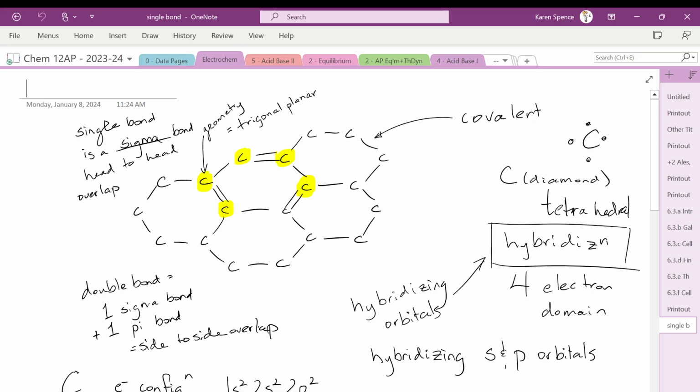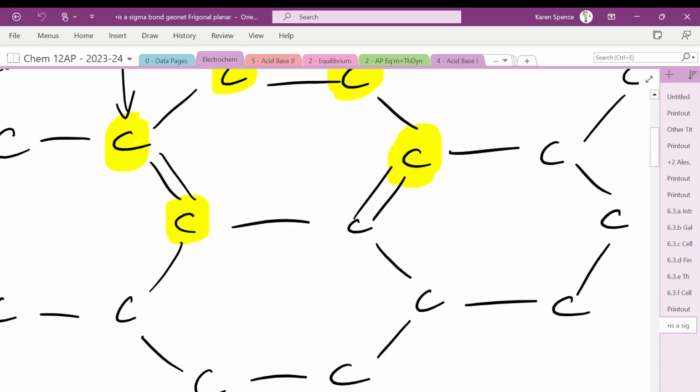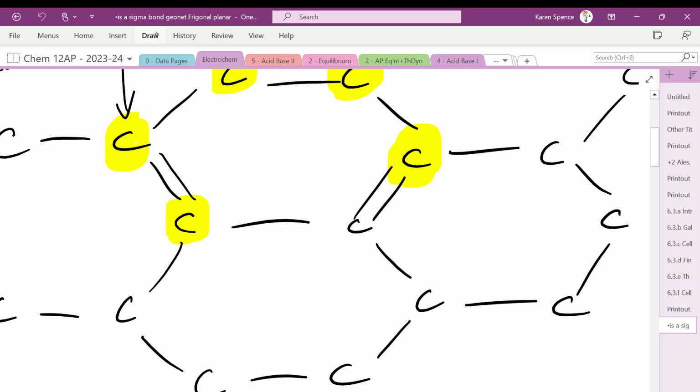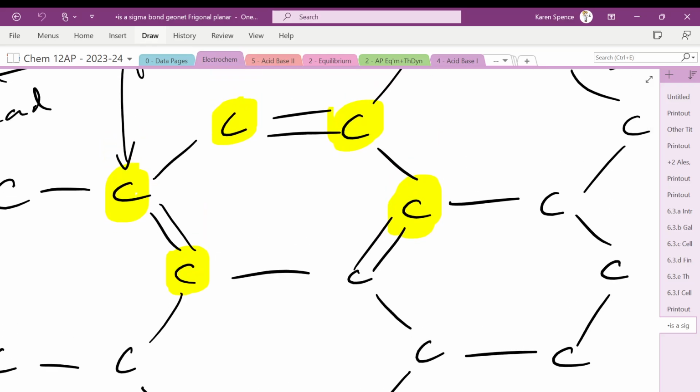So when last we left, we had carbon attached to carbon in a hexagon pattern, which means that every carbon has how many electron domains? 3. 1, 2, 3. Which means what is the geometry? Trigonal planar. What's the bond angle? 120 degrees.